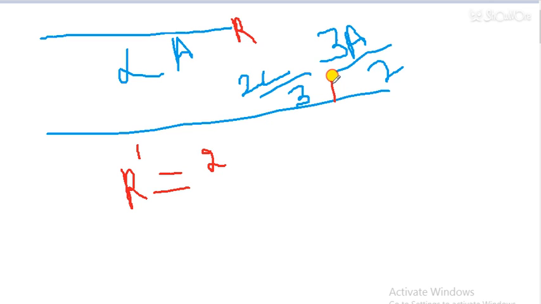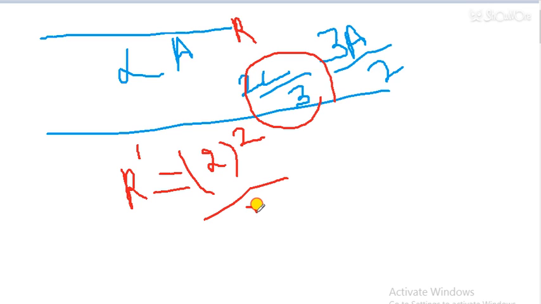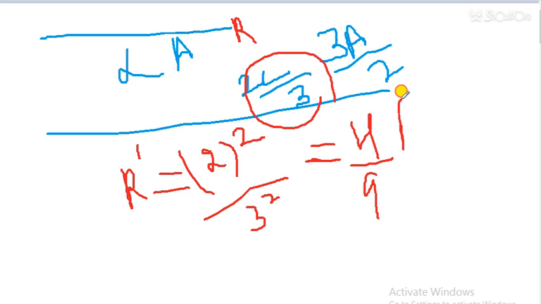But this is not a stretching problem. In this case the wire length is decreased. 2 by 3 is less than 1. That means the wire is not stretched, the wire is compressed here. So this will be 4 by 9 R.